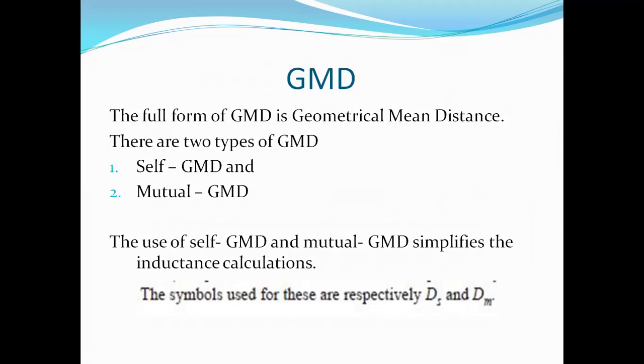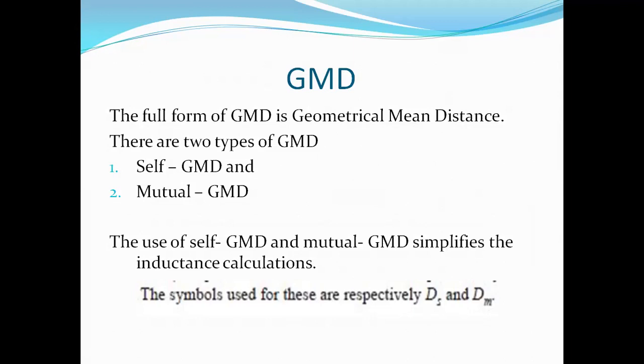There, for calculating that inductance, first we measure the flux linkage of the conductor, the internal flux linkage and the external flux linkage. So the calculation is slightly complex, but self GMD and mutual GMD are very significant for simplifying the inductance calculation. So we have to remember this part.